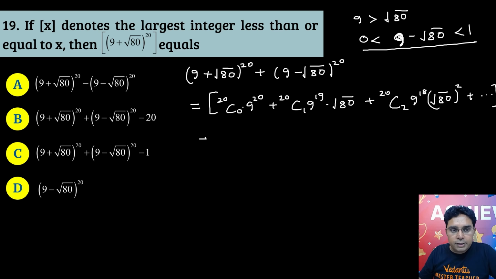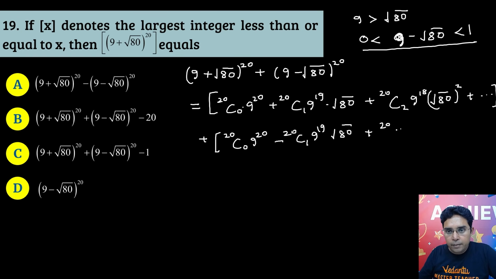Now, if you expand the other one, the only difference here would be of alternate terms where there will be minus sign. Otherwise, all terms are same. Here it will be plus because the alternate terms are positive. Here it would have been minus root 80, but because it's a square, you will be having positive sign, then it will be minus sign and so on.